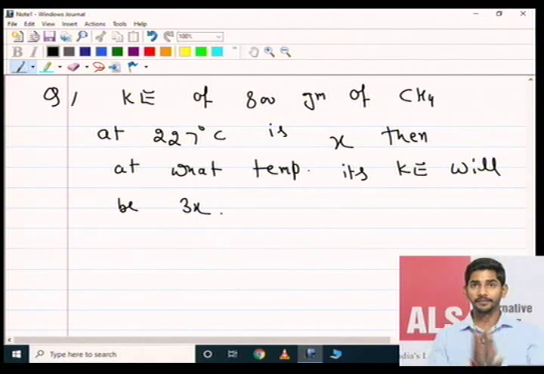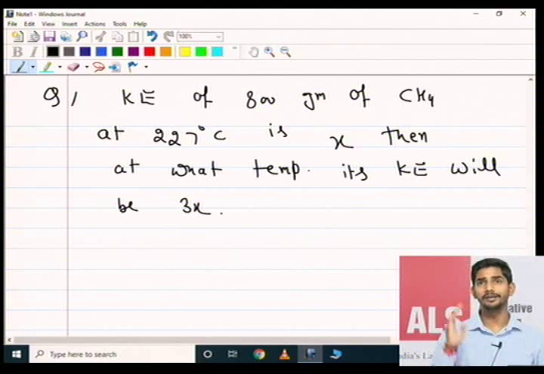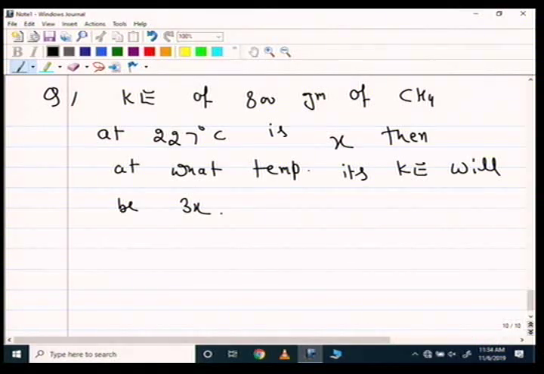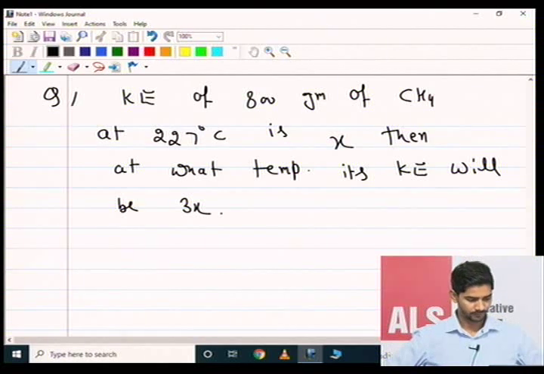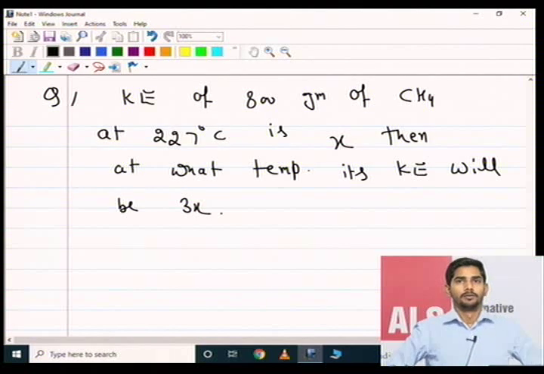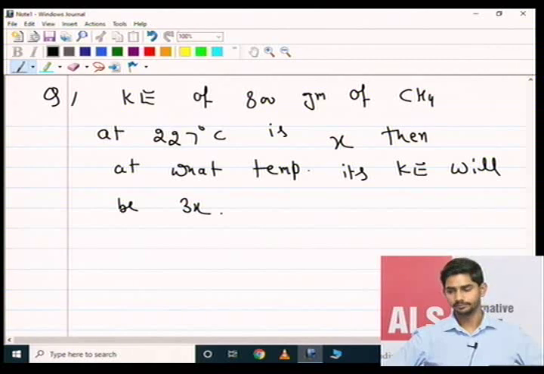Look at the formula very carefully. This question should hardly take 20 to 30 seconds. You can take your time while solving this question.